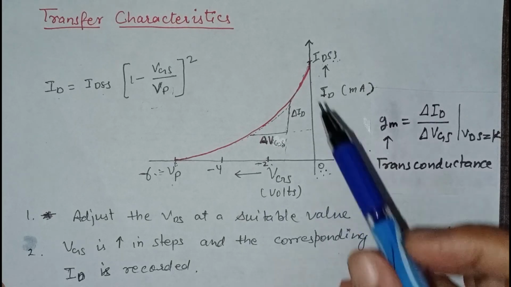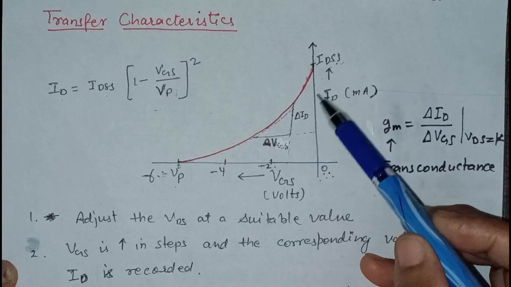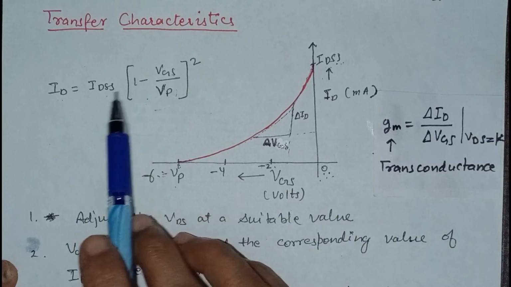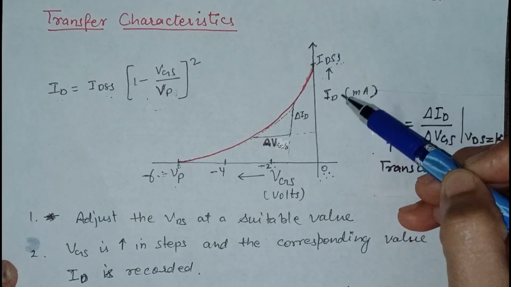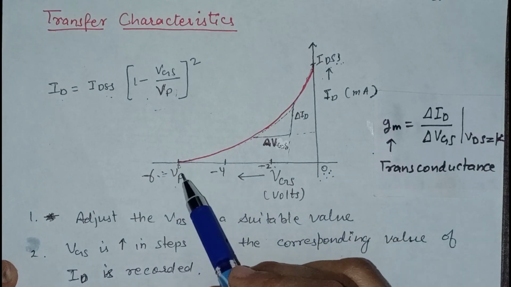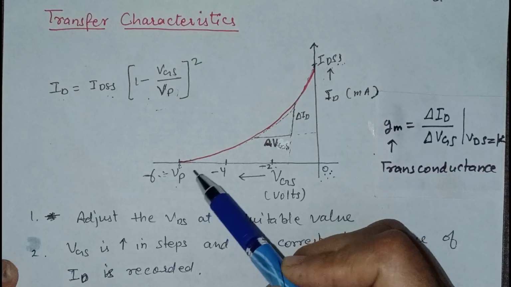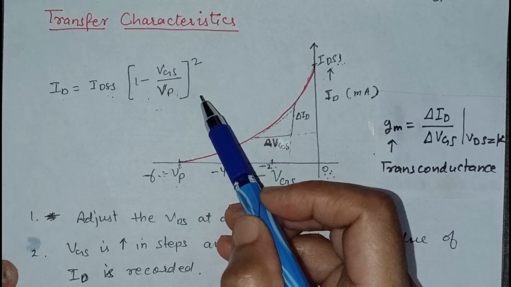Now we'll discuss the transfer characteristics curve of JFET. This is the transfer characteristic curve of JFET, and this curve is characterized by this equation. Here IDSS is the drain current when the VGS equals 0, and VP is the pinch off voltage when ID is equal to 0. We can draw this curve by using this equation or by experimental method.